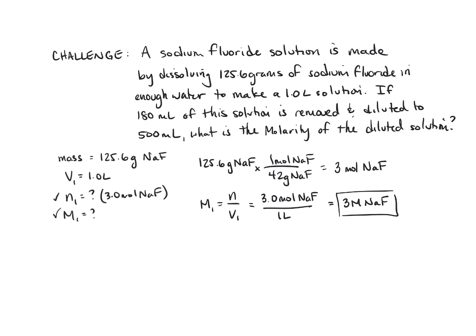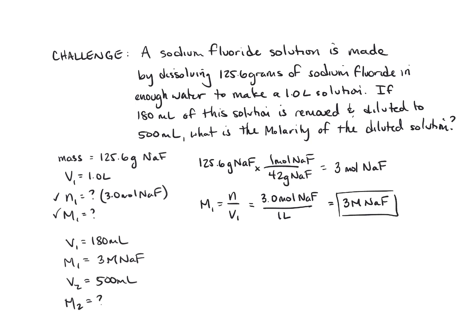We're going to take 180 milliliters of this solution, and we're going to dilute it to 500 milliliters. So our V1 is going to be 180 milliliters. Our M1 is what we just calculated, 3 molar NaF. We are going to dilute it to 500 milliliters, so our V2 is going to be 500 milliliters, and our M2 we do not know.